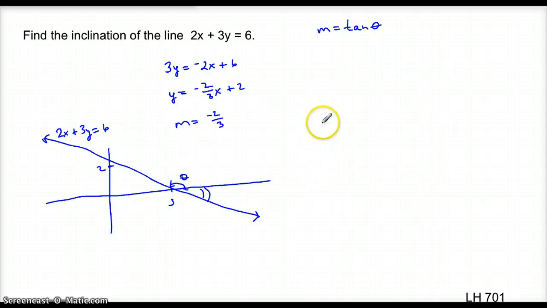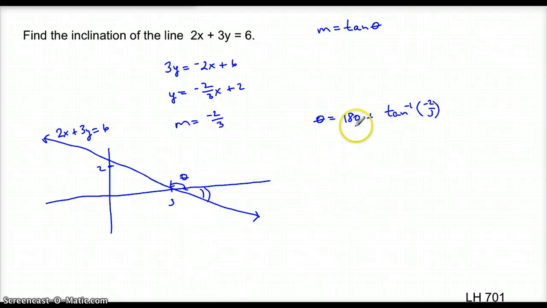So theta is equal to 180 plus the arctan, or inverse tangent, of negative 2/3. This angle I know is going to be negative because it's got the negative tangent. It's going to put it in the fourth quadrant. It's going to be this angle.